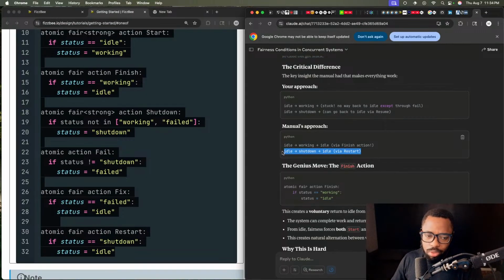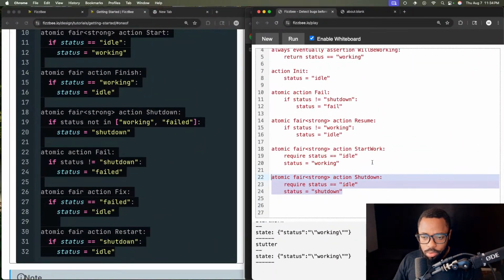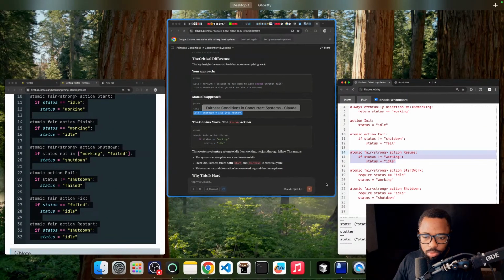Well, I think I had this one. Like going from shutdown to idle, I had something for that. Which was this. Right? If it's not working, go to idle.